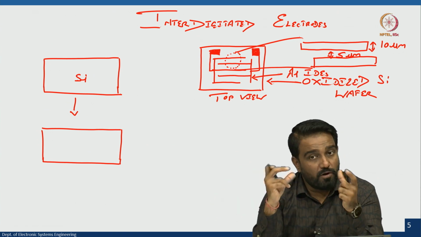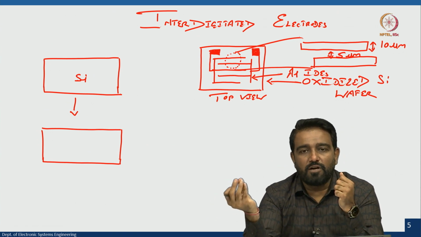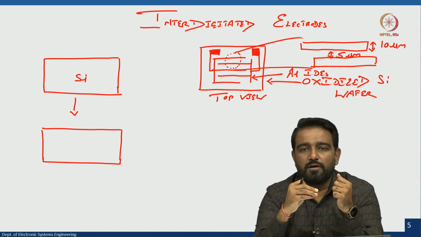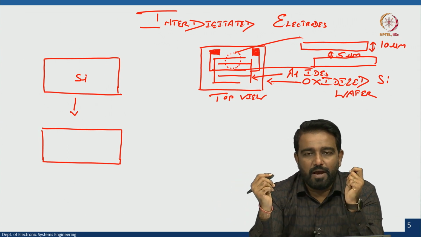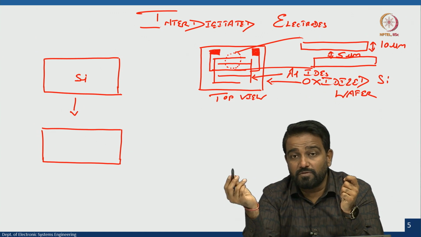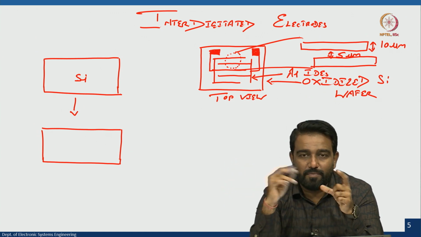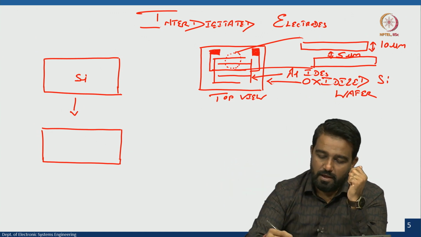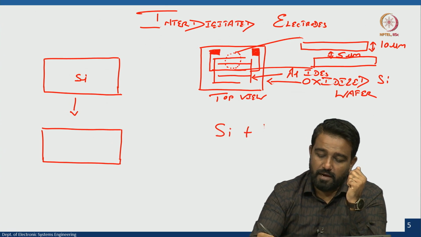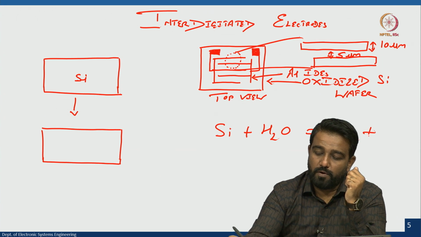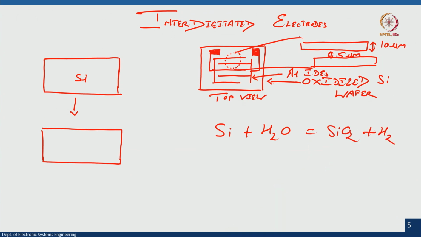When we go for wet oxidation, then water vapor is carried into the horizontal tube furnace. So, Si plus H2O gives SiO2 plus H2, but we have to balance the equation. Now, we have to balance it. So, we say 2H2O, right.